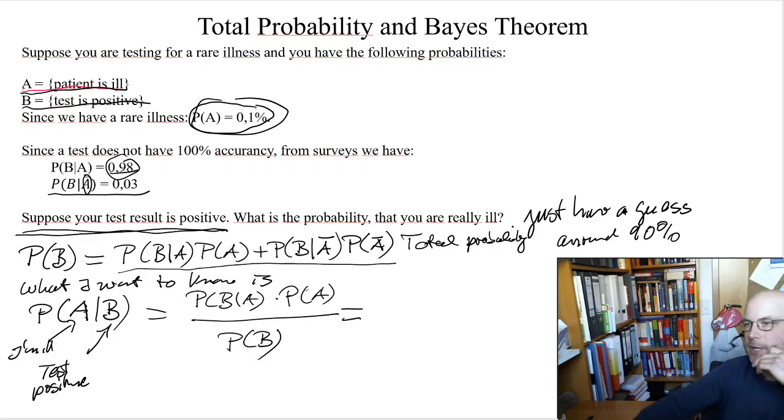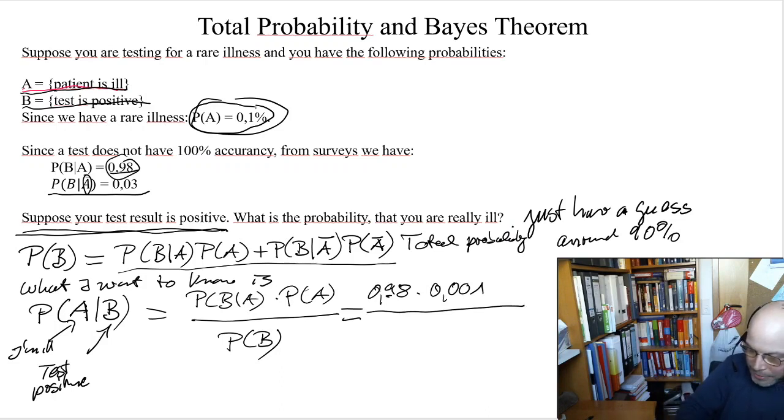P of B conditional A is 0.98 times P of A, 0.1%. So it is 0.001. Okay? Yes. So divided by P of B given A times P of A. This we already have.